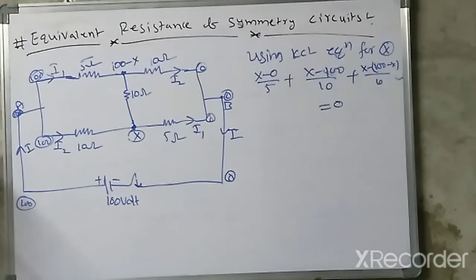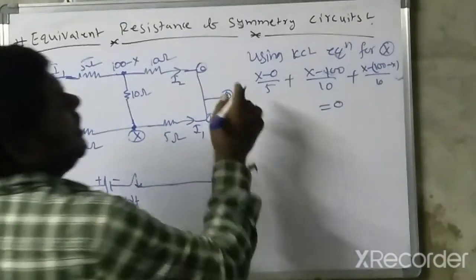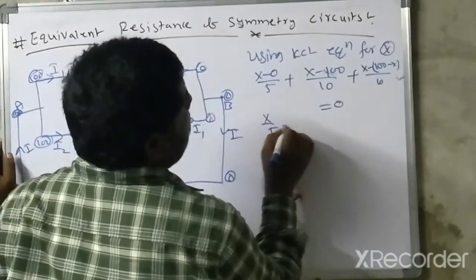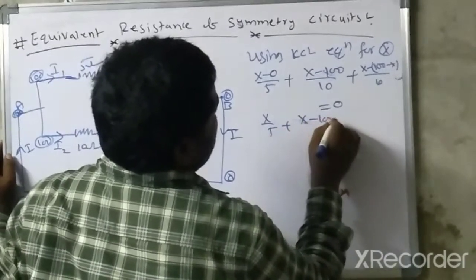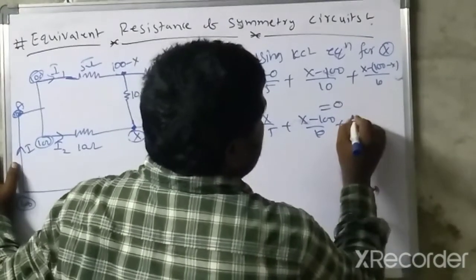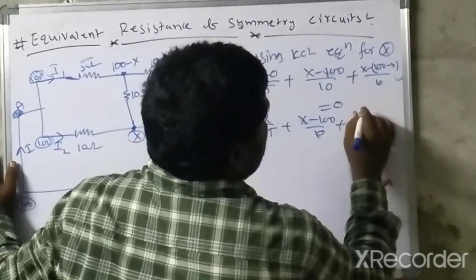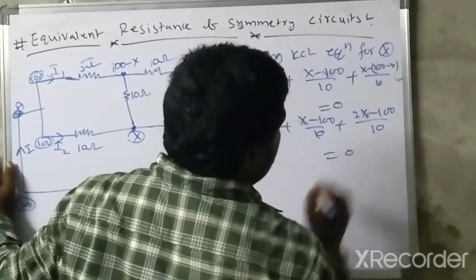If you simplify: x divided by 5 plus x minus 100 divided by 10 plus 2x minus 100 divided by 10 should be equal to 0.